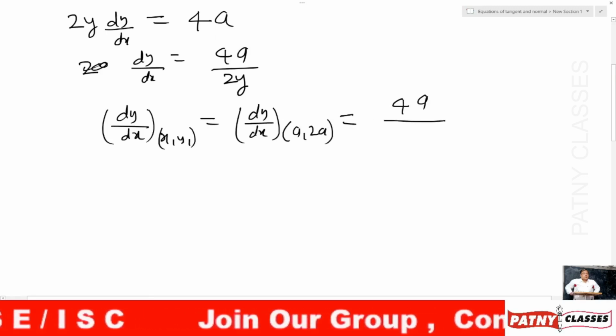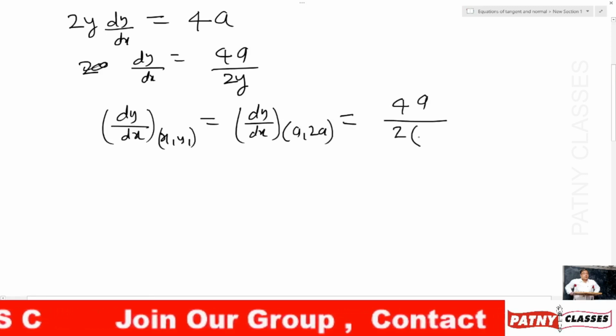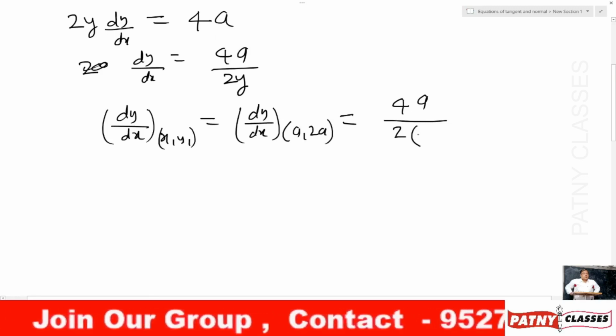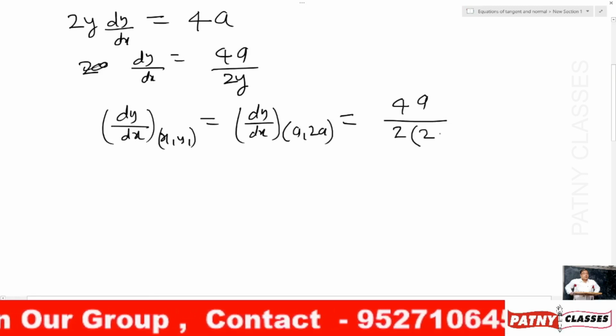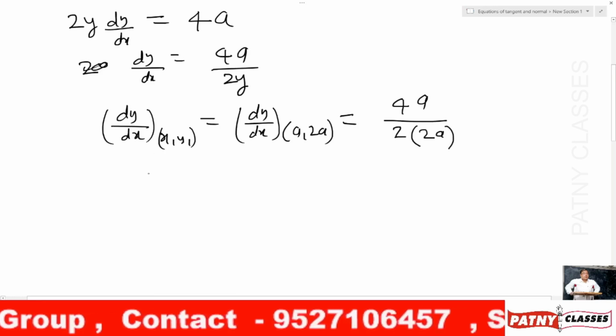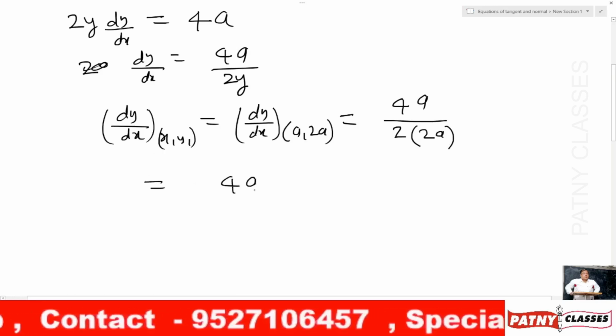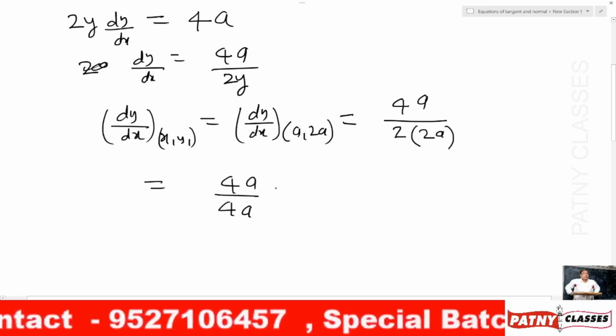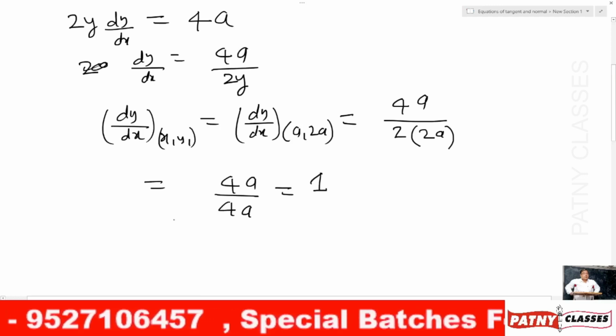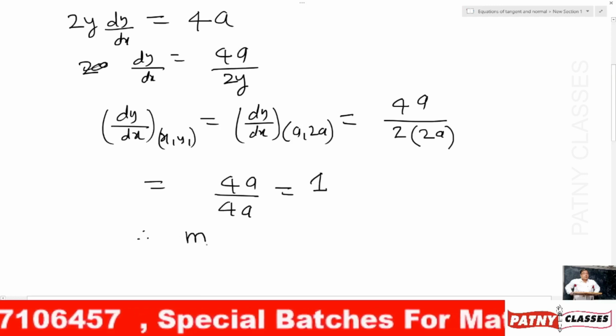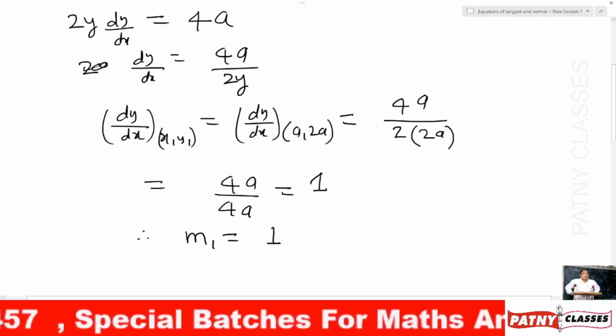In place of y I am going to substitute 2a. So that is 4a upon 4a equals 1. Therefore slope of tangent m1 is equal to 1.